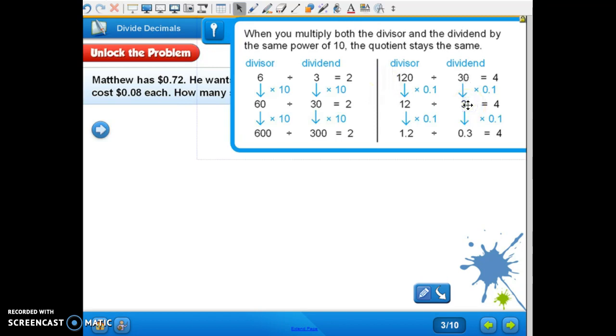And I get a 3, and 12 divided by 3 is still 4. If I divide 12 by 1/10, then I get 1 and 2/10. And if I divide 3 by 1/10, I get 3/10. And 1 and 2/10 divided by 3/10 is still 4. So as long as you do the power of 10 to your divisor and your dividend, your quotient does not change.